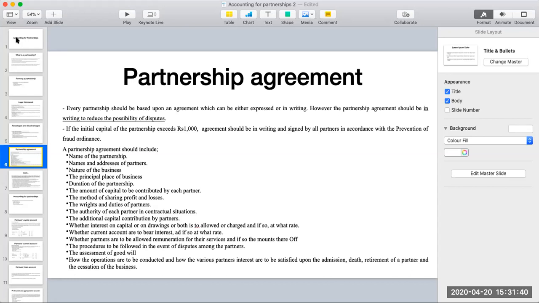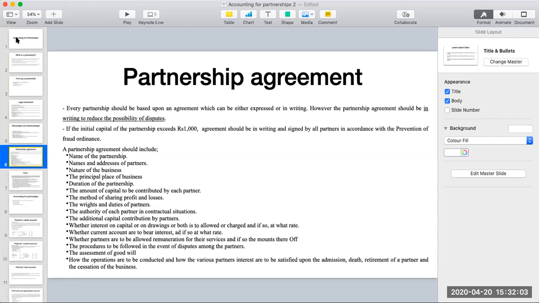However, it says if this partnership agreement is in writing, it will reduce the possibility of disputes, because this partnership agreement will clearly mention all the rights and responsibilities of the partners.